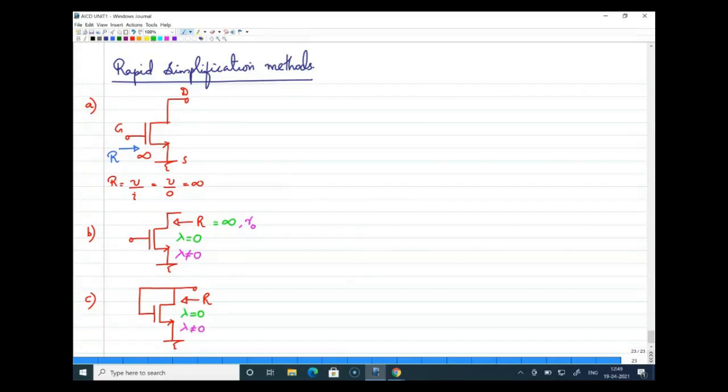Can I get answers in the chat box? What is the resistance when lambda is equal to 0? When lambda is equal to 0, the resistance is only 1 by gm. But when it is not equal to 0, it is 1 by gm in parallel with R0.